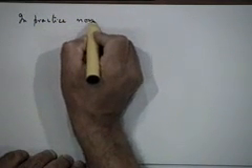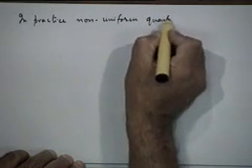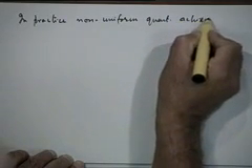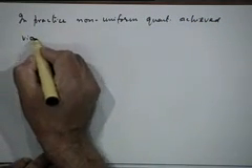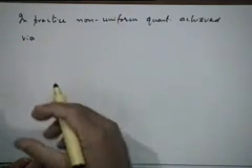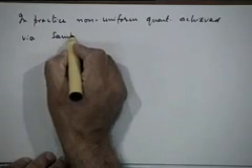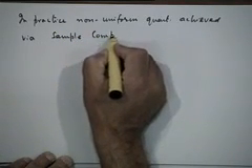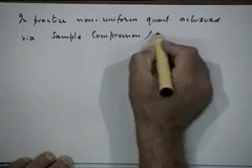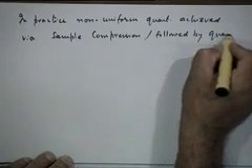So, in practice, non-uniform quantization is achieved via what is called sample compression followed by uniform quantization.